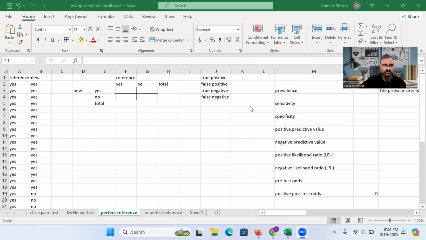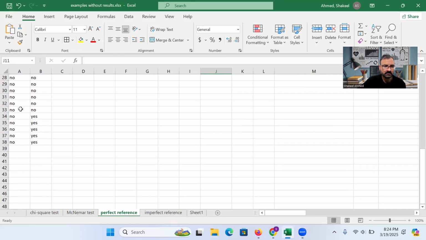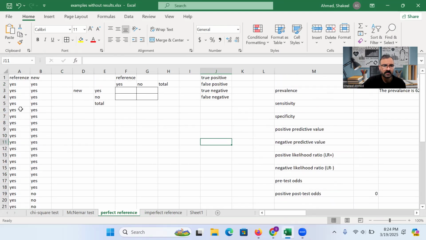existing one. So here we have a data set on, for example, 37 patients, and we have data for the reference test, and we have data for the new test. Here, test refers to the medical test, not the statistical test. For example, the patient was tested for positivity of COVID-19.